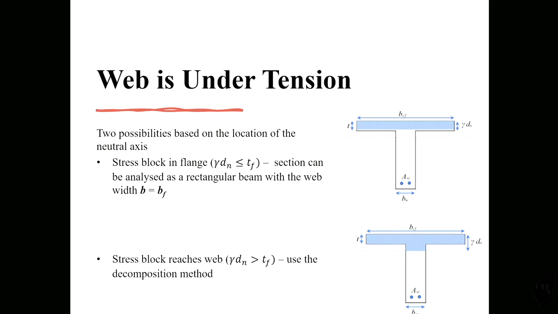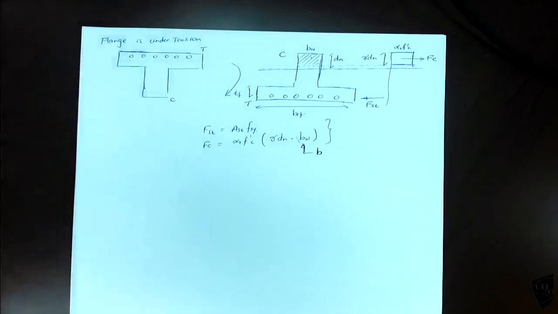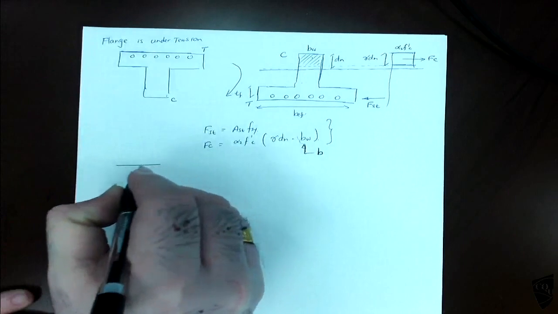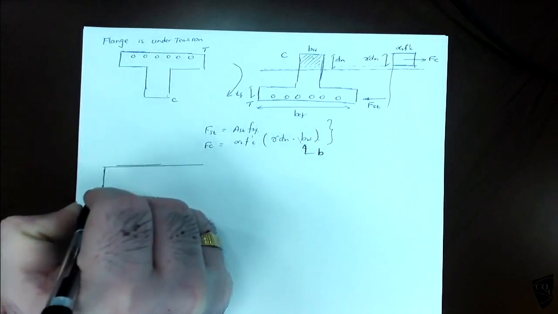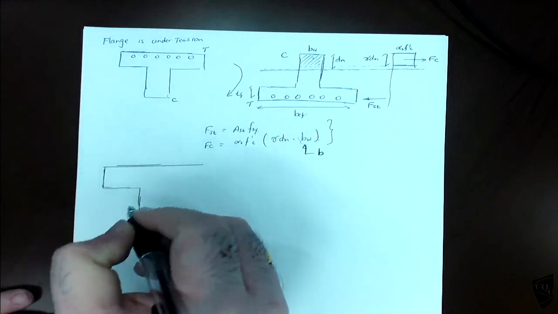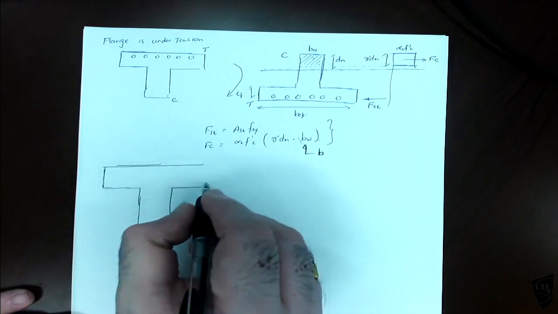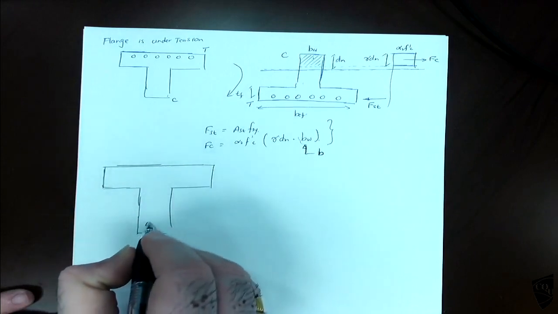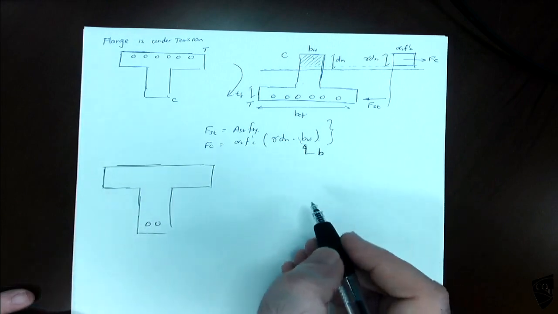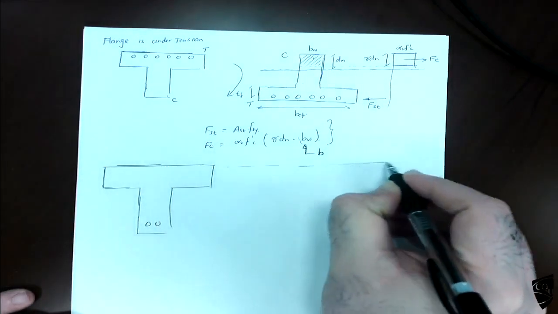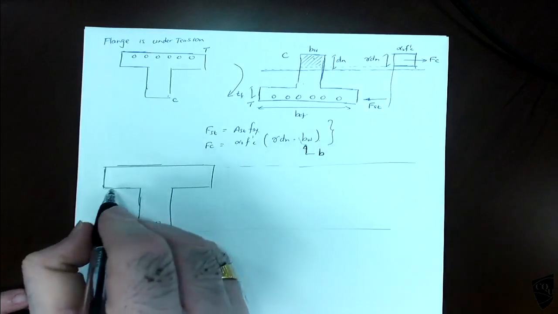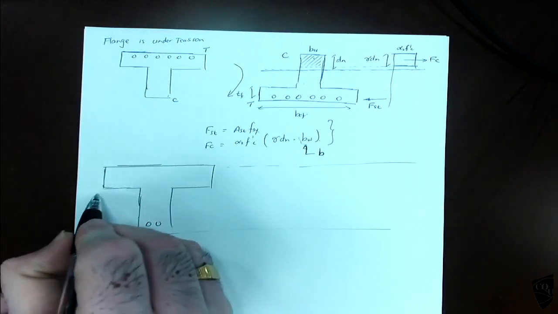When the web is under tension, the reinforcements are in the bottom part, in the web's area. So if you look at the section, we have steel here. The neutral axis can be anywhere, somewhere here, I don't know.